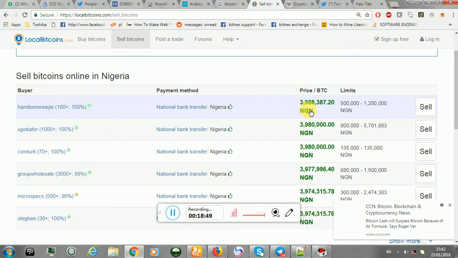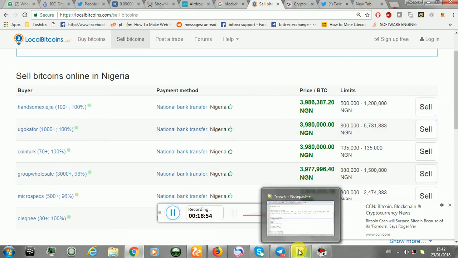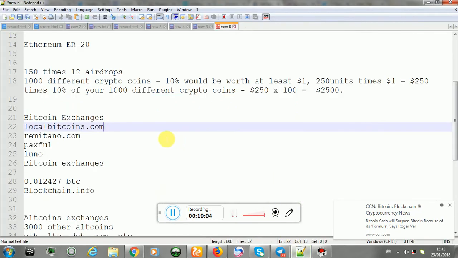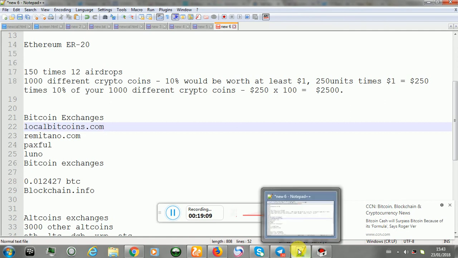And then when you are done buying your Bitcoin, you have to find out if you want to buy your Bitcoin to keep it as a store of value, or you want to buy your Bitcoins and increase the value of your Bitcoin. There are different decisions you should make when you are coming into this crypto space. You have to actually be sure of what you want to do.